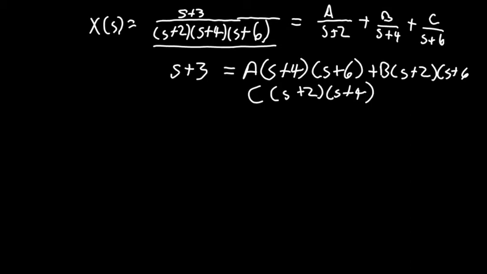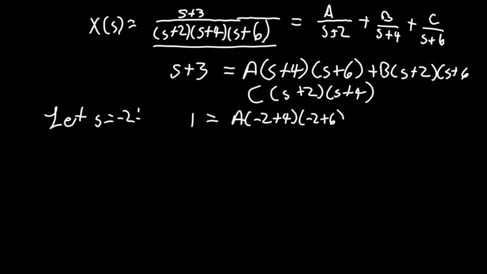Which, in order to find a, you'd set s equal to -2. So, let s equal -2. So now you have 1 equals a times... As you can see, the other terms don't really matter once you get there, because both of these will just go to 0.